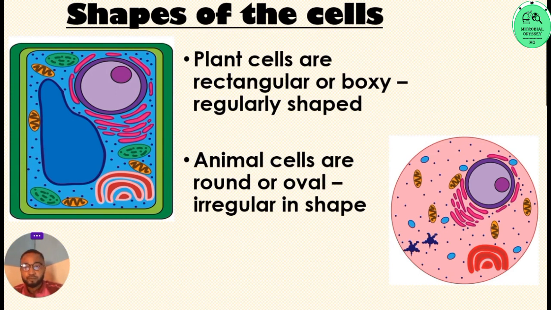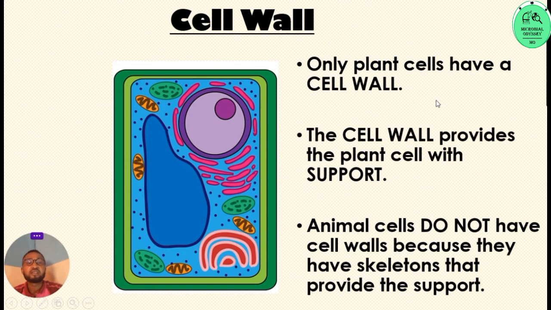Okay? Now, the second difference we have is the cell wall. I already talked about why the plant cell has a regular or rigid structure, which is because of the presence of the cell wall. So plants have a cell wall, while animal cells do not. This cell wall helps provide support for the plants.